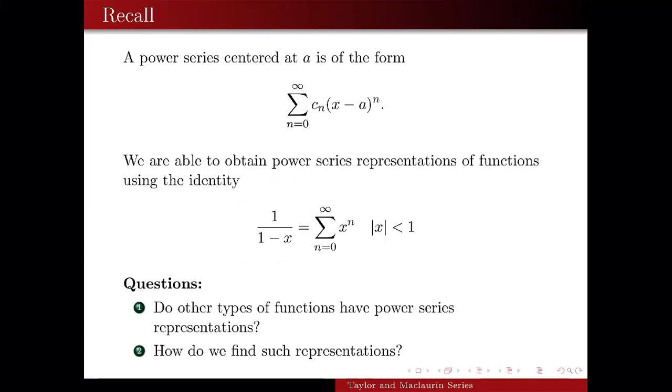This is the more general way of finding the power series representations of those functions. Okay? So we will see that in the next slides.